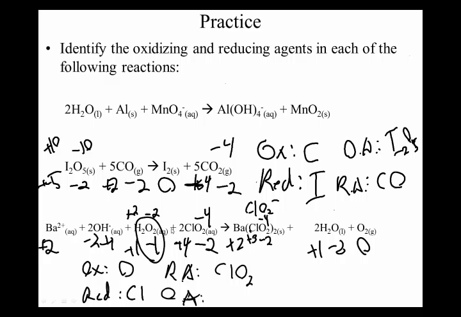Sorry, guys. The oxidizing agent contains the chlorine, because the oxidizing agent contains the thing that was reduced, so ClO2. The reducing agent contains the oxygen, and it's this oxygen, so it must be H2O2. So, sorry, like I said, that one was complicated, but hopefully you followed my thought process. These two are more indicative of the sorts of things I'll give you on an exam.